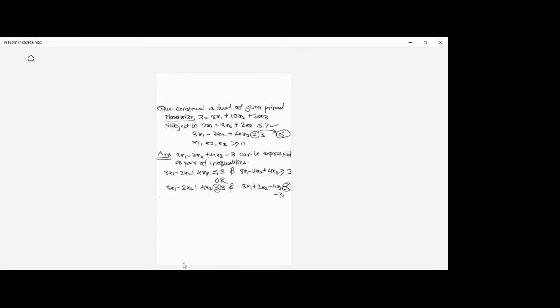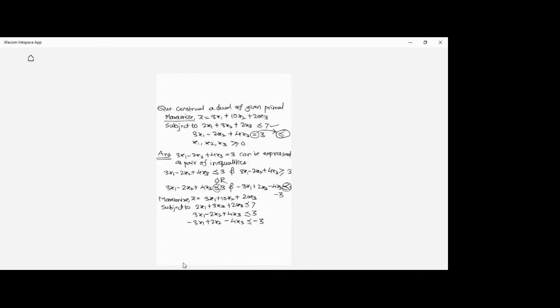So now I can write it as: maximize z equal to thrice of x1 plus 10x2 plus twice of x3, subject to twice of x1 plus thrice of x2 plus twice of x3 less than or equal to 7, 3x1 minus 2x2 plus 4x3 less than or equal to 3, and minus 3x1 plus twice of x2 minus 4x3 less than or equal to minus 3, right?